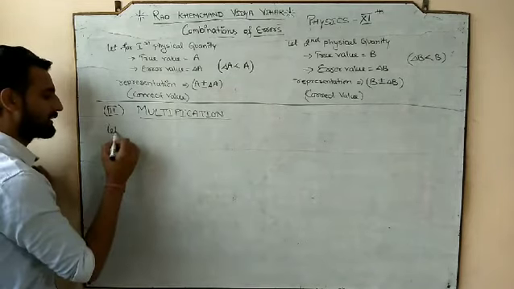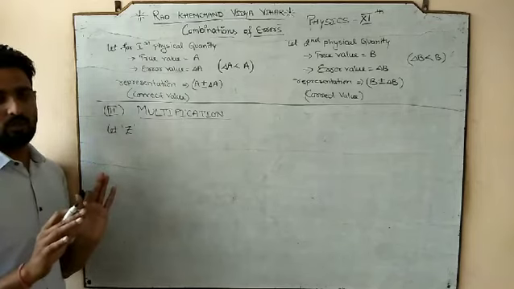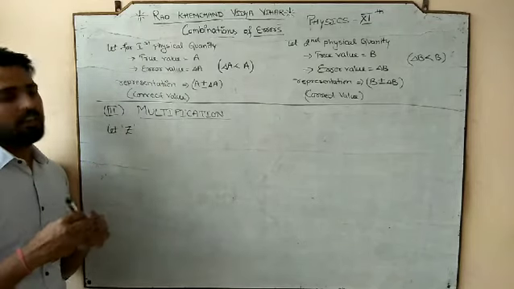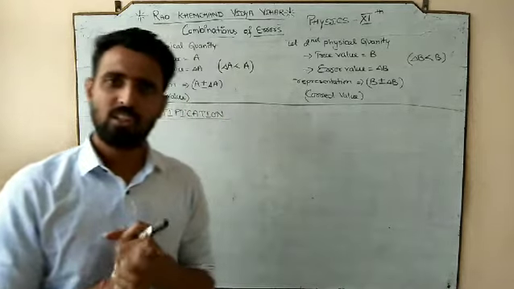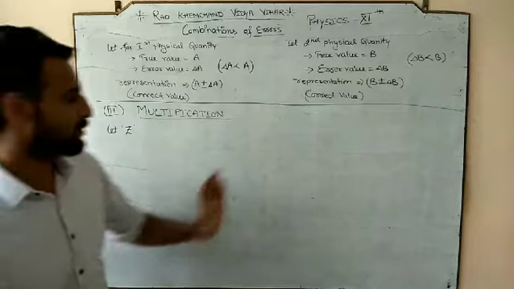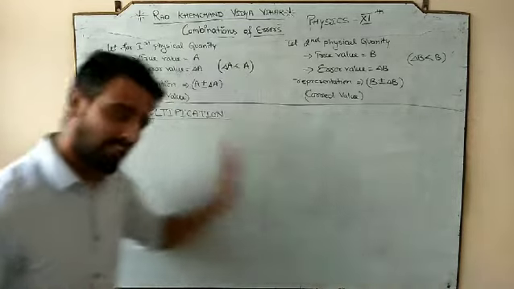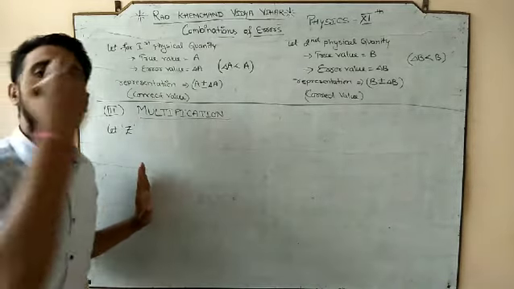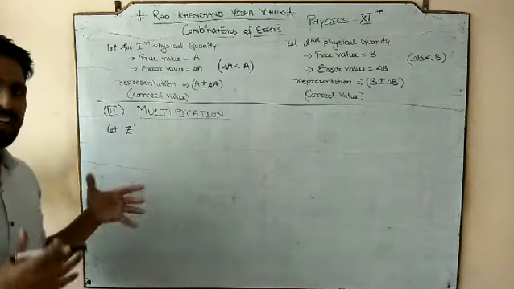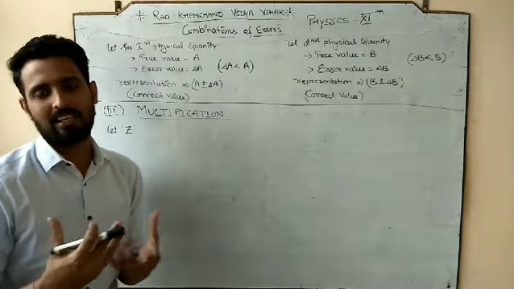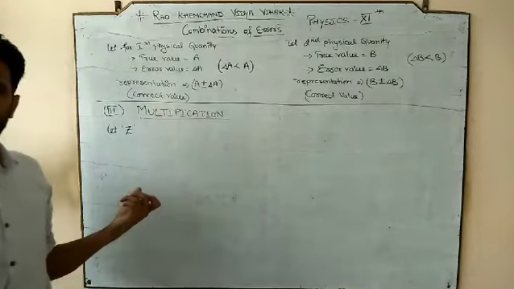Again, let Z. So I am using Z always as the final physical quantity, whether you do addition, subtraction or any operation, so that you don't get confused. तो कोई ये ना सोचे सर ये Z यहाँ पे आ, ये Z. So this is the Z of addition, this was the Z of subtraction, and this is the Z which is going to be of multiplication, and in future it would be of division. तो Z ही रखते हैं. X, Y, Z या A, B, C अलग रखेंगे तो वो आपको ही कंफ्यूज करेगा. अच्छा एडिशन में तो A लिखना था, वो तो आप कुछ भी सिंबल लिख सकते हैं.